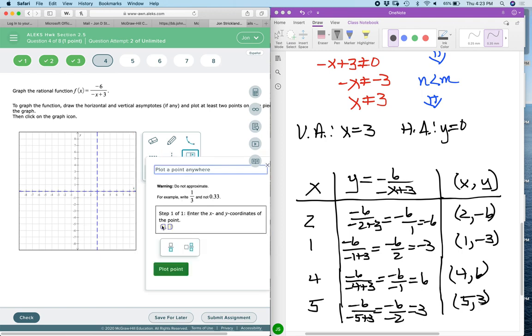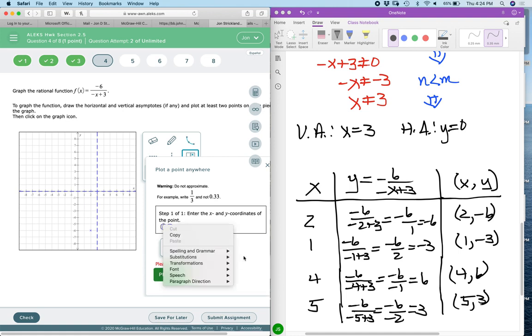So we have 2, negative 6, plot point. And if we go with 1, negative 3, plot point.